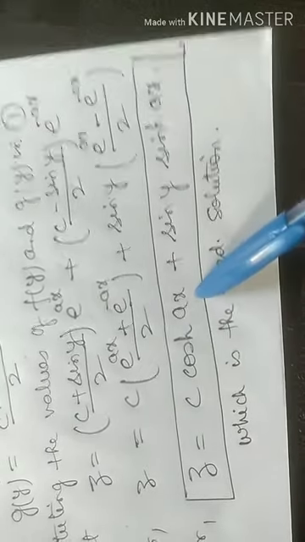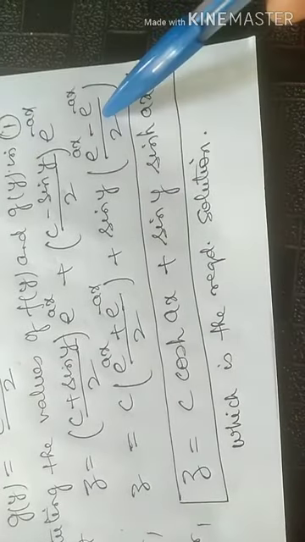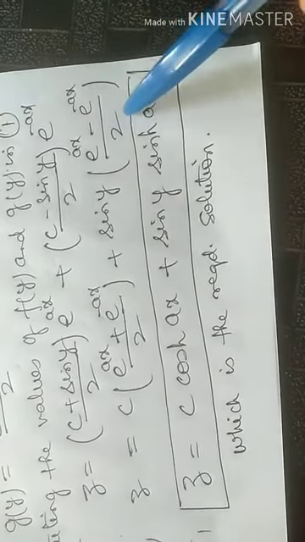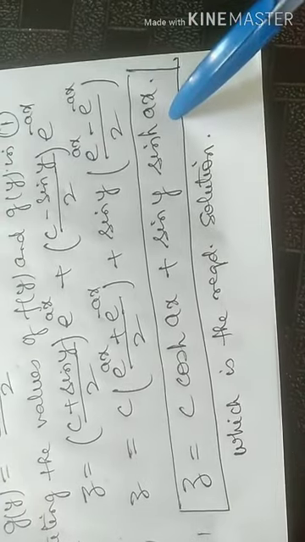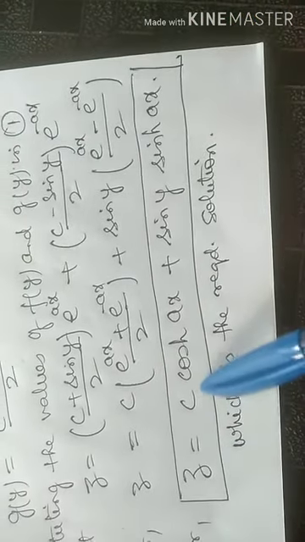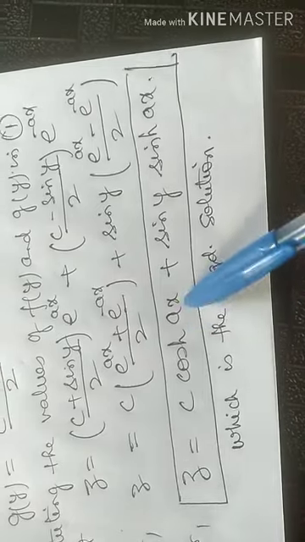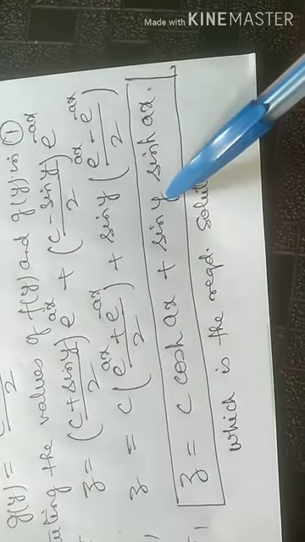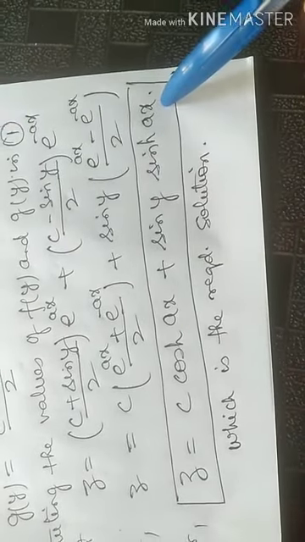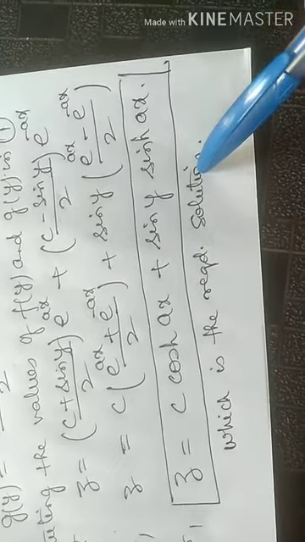We know that [e^(ax) + e^(−ax)]/2 is nothing but cosh ax, and [e^(ax) − e^(−ax)]/2 is nothing but sinh ax. So our z becomes C cosh ax + sin y sinh ax, which is the required solution.